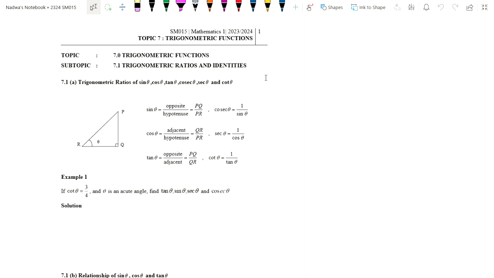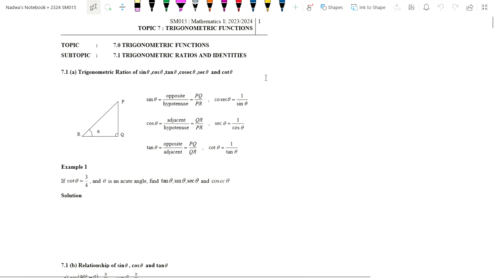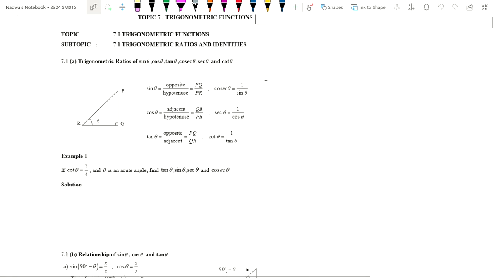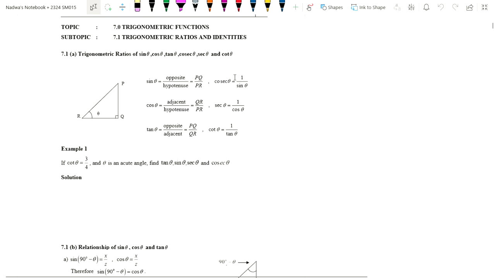Alright, so to start with, let's just recall some of the trigonometric identities that we have and you already know from school, which is sine theta, cos theta, and tangent theta.